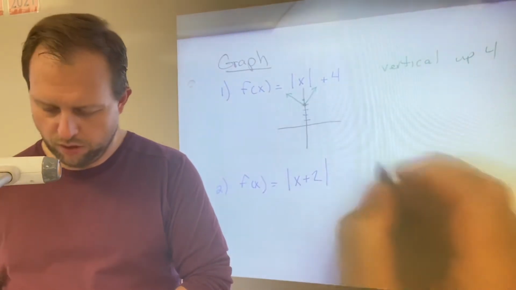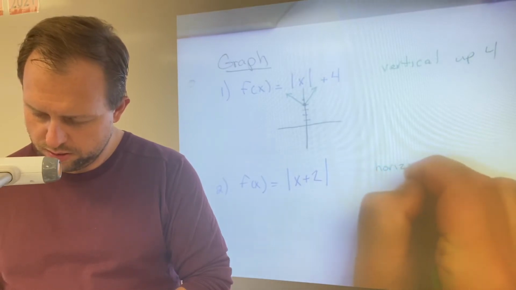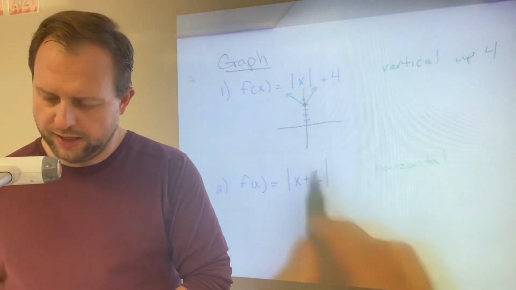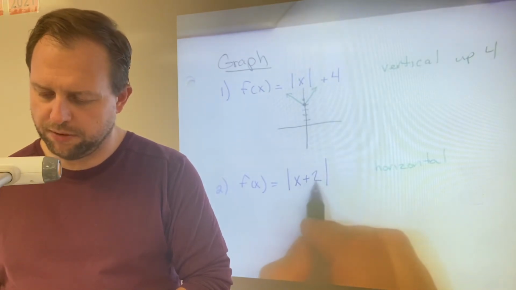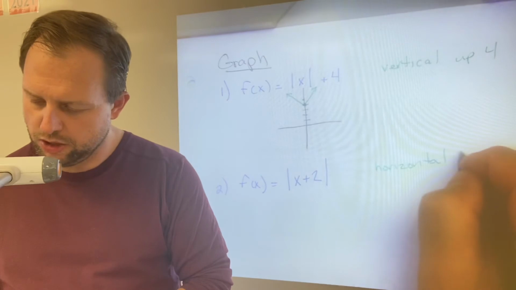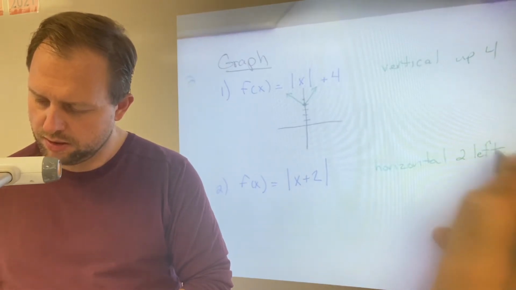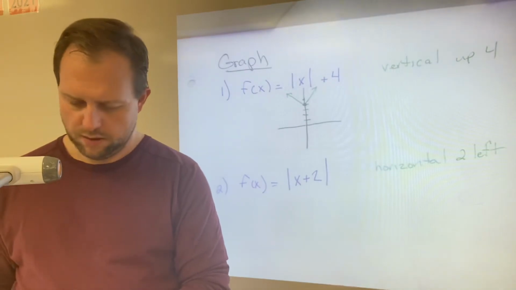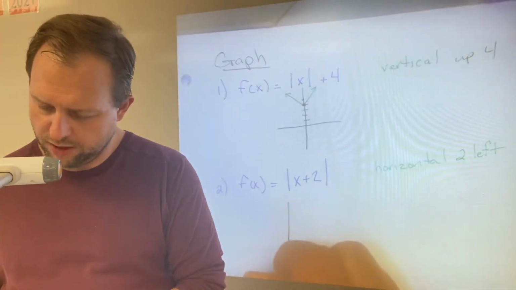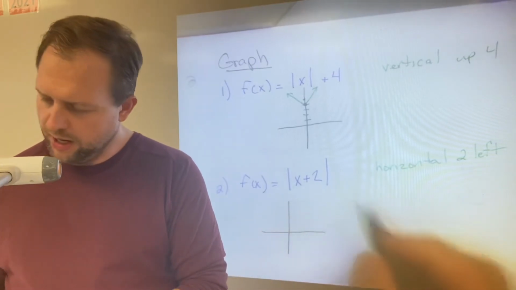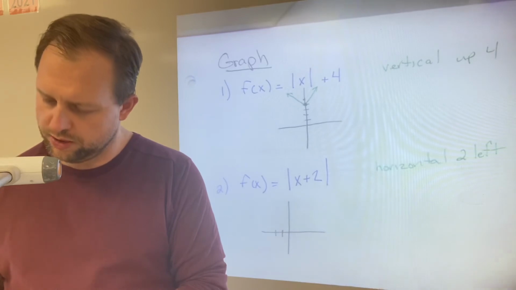So it's going to be horizontal, and the h is always the opposite, so even though it looks like a plus 2 here, it's going to be 2 to the left. So in this case, we're simply shifting 2 to the left.